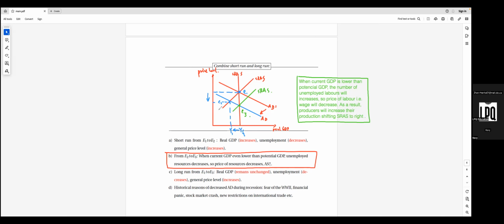In this case, when the current GDP is lower than potential GDP, the price of resources currently must be very low. If the production cost is very low, the producers will increase their supply again. So graphically, we shift the short-term AS to the right, finally reaching this E number three.